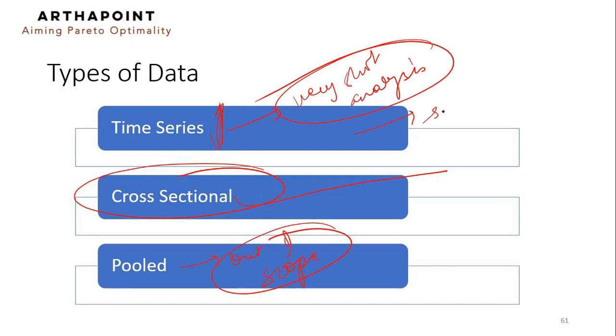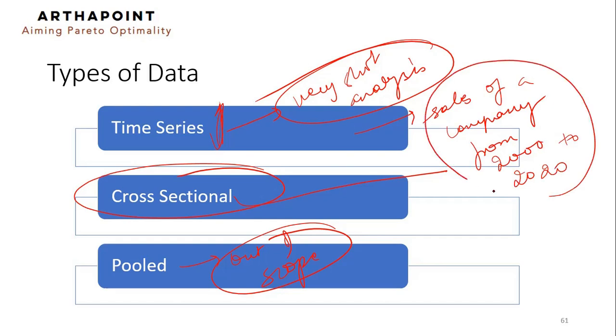So if I take the sales of a company from 2000 to 2020, that is time series data. What is cross-sectional data? One period, but many variables.